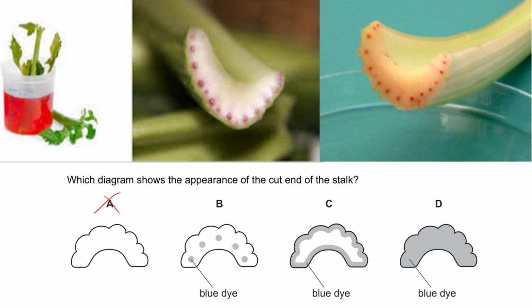Therefore, it's not A because it will stain. It is B because the xylem is present in vascular bundles around the stalk. It's not C because it won't stain from being in the water, it will stain from being absorbed through the xylem. And it's not D because that's not the right position of the xylem, not everything is going to stain.